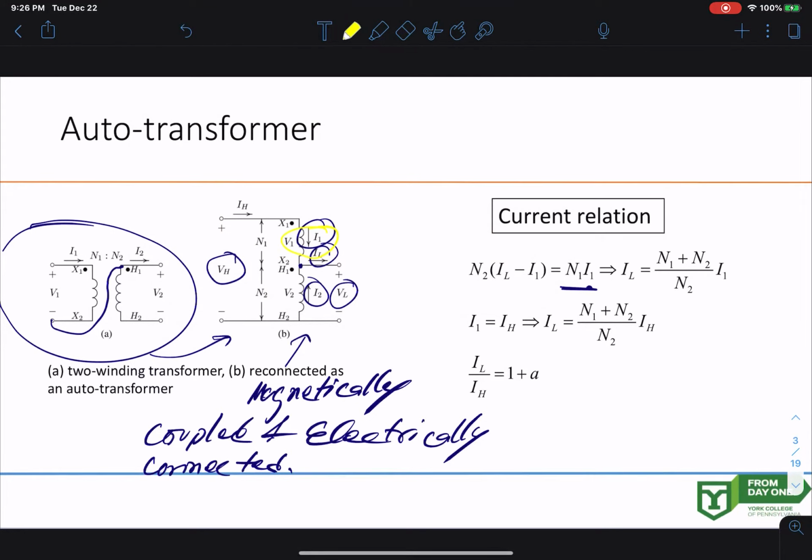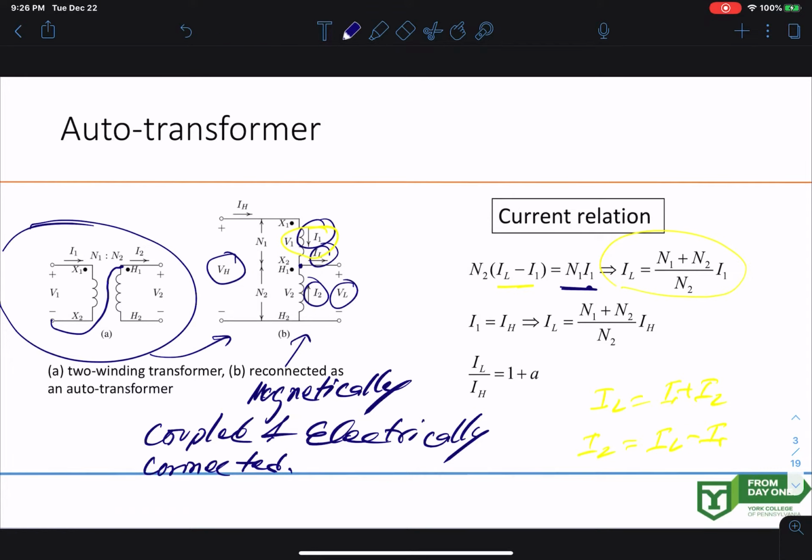Then over here for the second part, the current I2 will be, let me tell you why. Your IL is I1 plus I2, right? So your I2 would be IL minus I1. So N2 times (IL minus I1), if I do the math and rearrange the equation, will be like this, right?